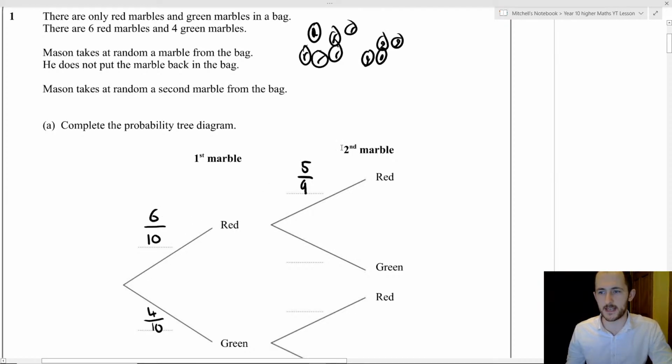So if a red marble is taken, then the number of reds decreases by 1 and the total number also decreases by 1. Likewise with the green, there are still 4 greens left out of a total of 9. And again, if we look across the branches, 5 plus 4 is 9, so we have 9 out of 9, which is 1.